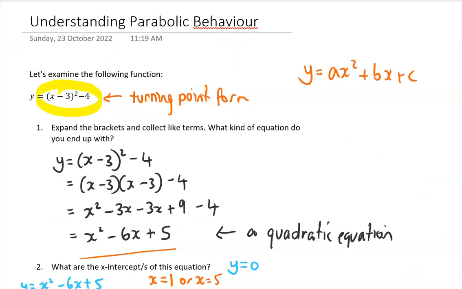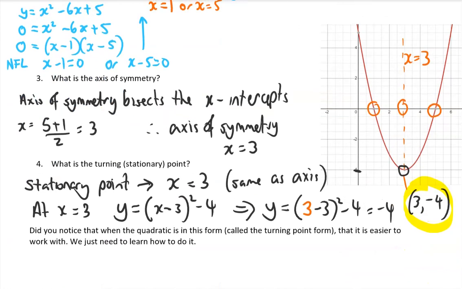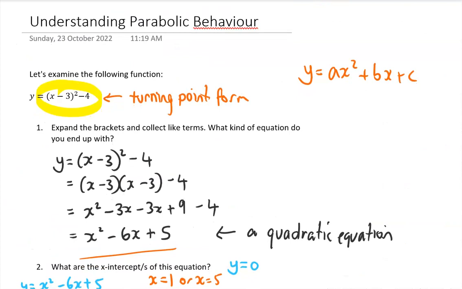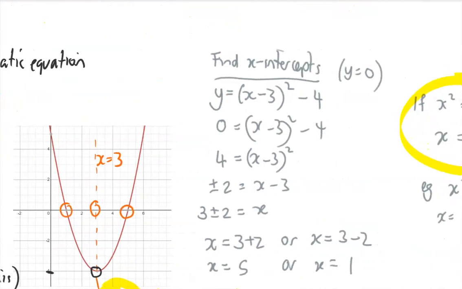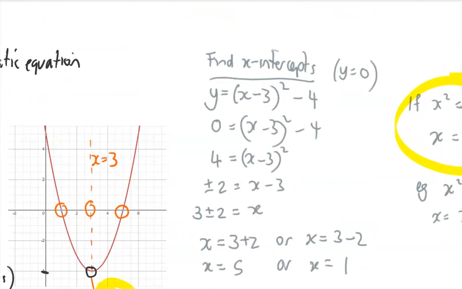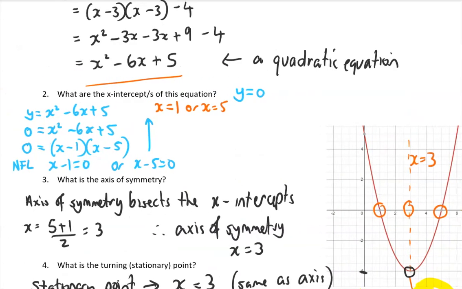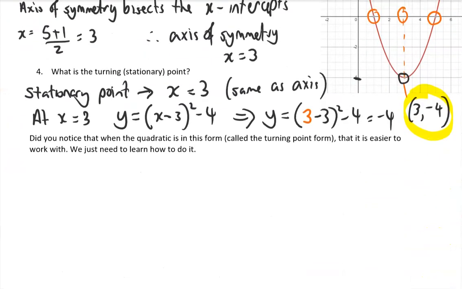Do you notice that the 3 and the 4, ignore the signs for the moment, we'll deal with that later, are both in that form, hence the name turning point. So when you look at the turning point form, you get the turning point straight away. It also, I know it doesn't seem this way, makes solving for x-intercepts a lot simpler because you don't need to factorise. It's already factorised for you. So there are lots of advantages of working with turning point form.